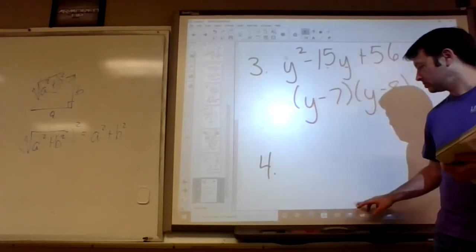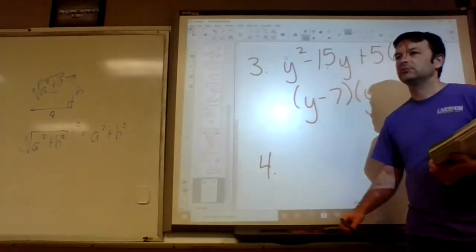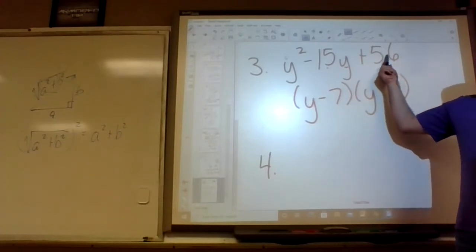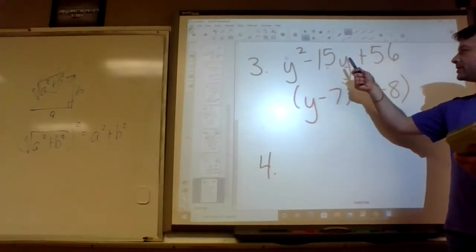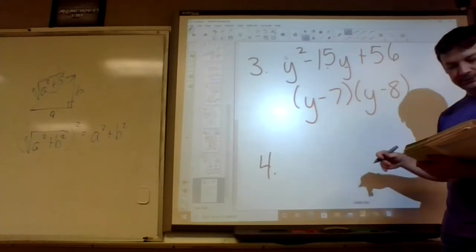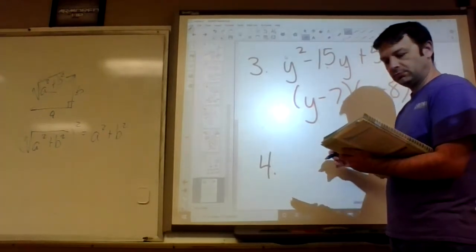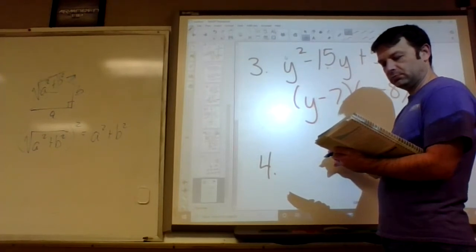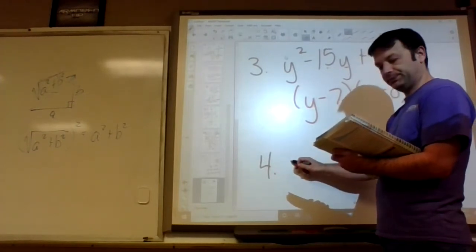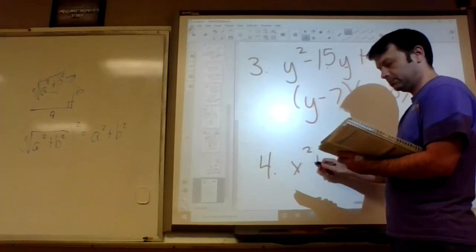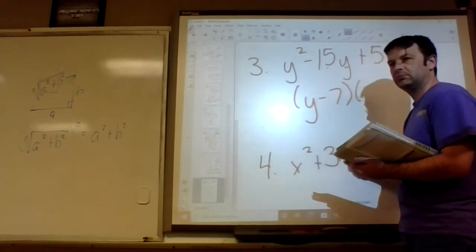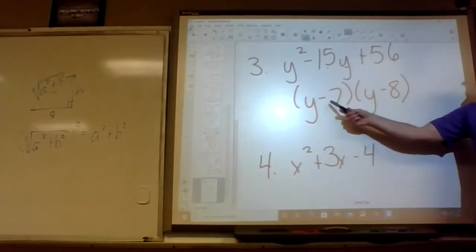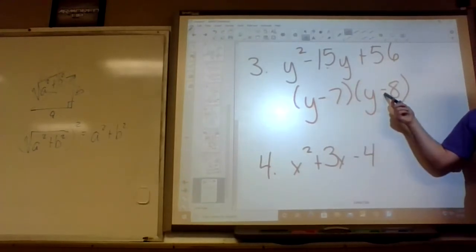So it's what multiplies into 56 and adds up to negative 15. Would you just ignore that it's negative? No, it has to add up to negative 15.